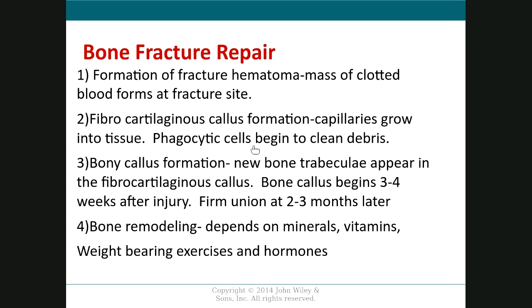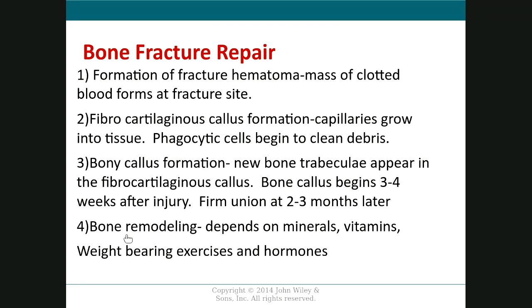Phagocytic cells come to the area and clean the debris. If left immobilized, eventually what forms is a bony callus. This is where we begin to form new trabeculae and a fibrocartilaginous callus. This generally begins to harden after about 3 or 4 weeks after injury, and then eventually after a couple of months will become a firm union.